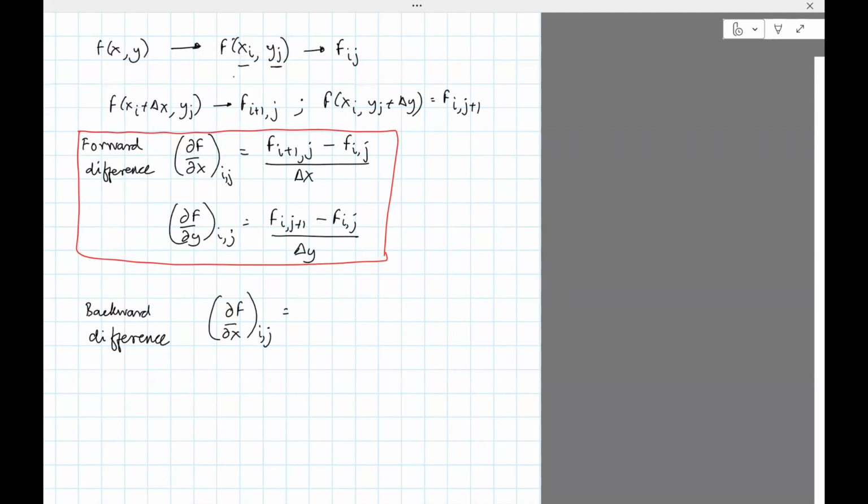Remember that backward difference is where you go backwards in time or in the independent variable x. So here we would have Fij minus F i minus 1, j divided by delta x, where i minus 1 would be x minus delta x.